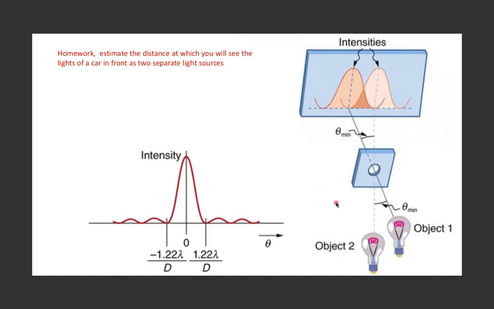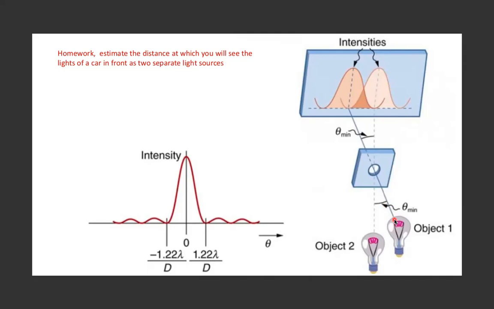Because when will you see one? If this angle is less than theta minimum. If the car is way down the road, you probably see the light coming from those two lights as a single source, and you will be able to differentiate them only when the car starts closing in.